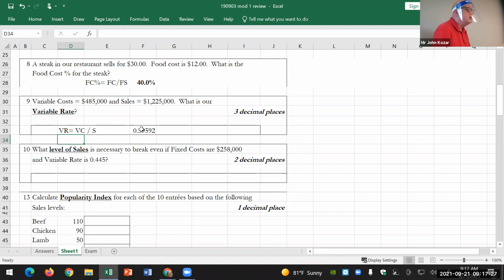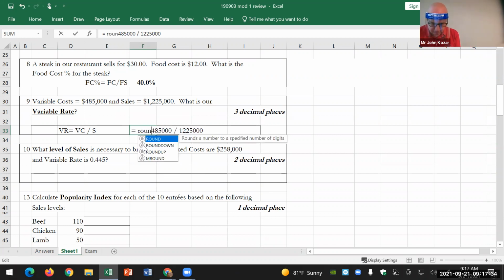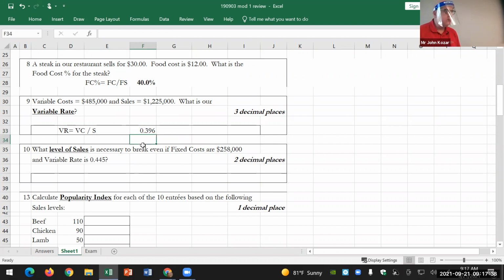And then this is a number that we round to 3 decimal points. So it comes out to 0.396.